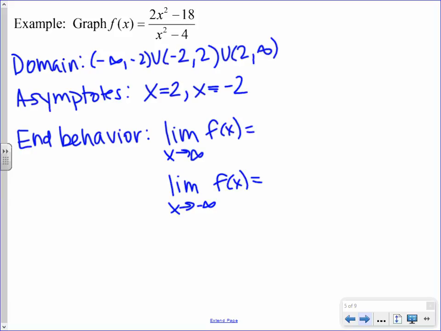Okay, when we look at the end behavior of a rational function, what do we have to consider? There is a characteristic about our graph that we speak about.